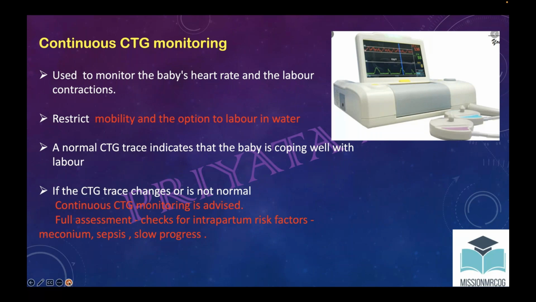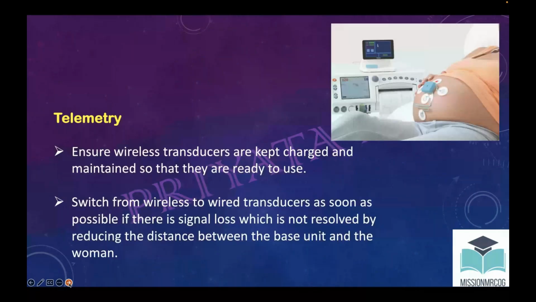Okay, another third method of monitoring is the telemetry. So this is telemetry. Now, what is the difference between CTG and telemetry? You can see all these, like when we do ECG, these kind of electrodes are there, and the machine is there.